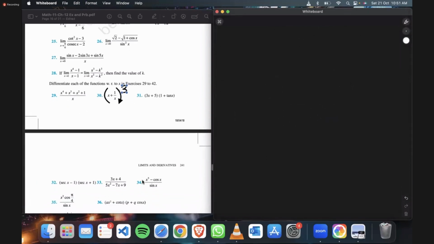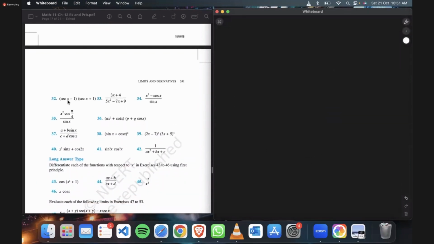So the next is question number 32. Here we have (sec x − 1) multiplied with (sec x + 1).